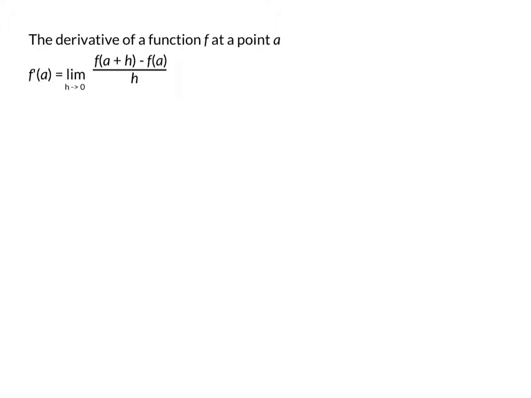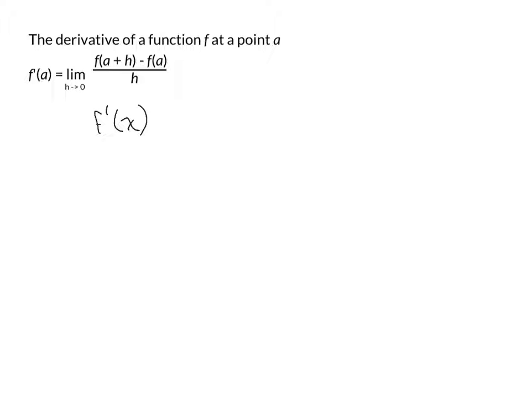Hello. In our previous lesson, we talked about our function f having a derivative at some fixed point a. Well, we can also consider that our function f has a derivative at all these varying points that we'll call x.